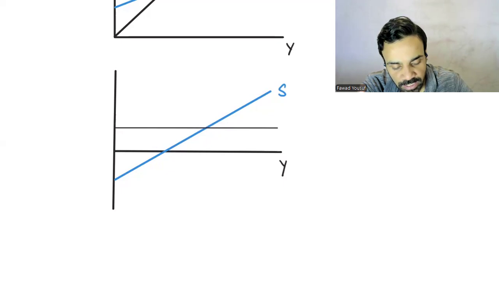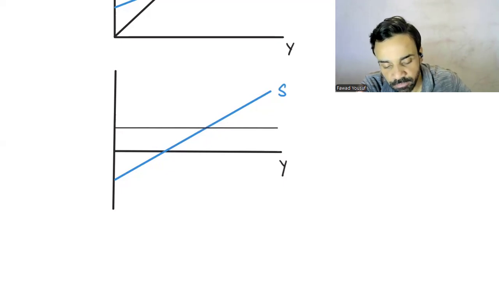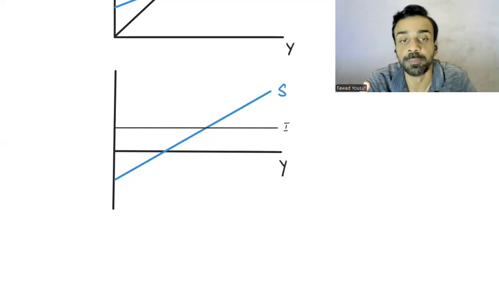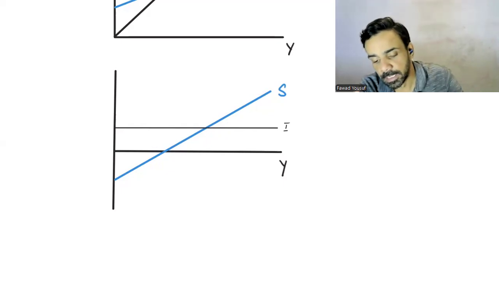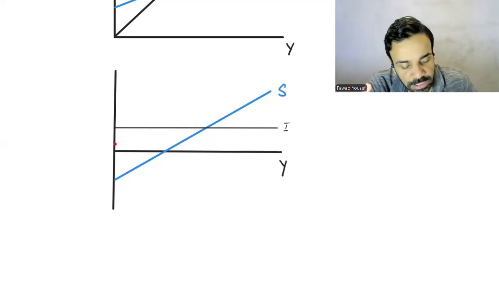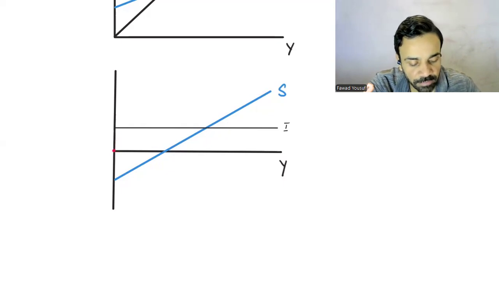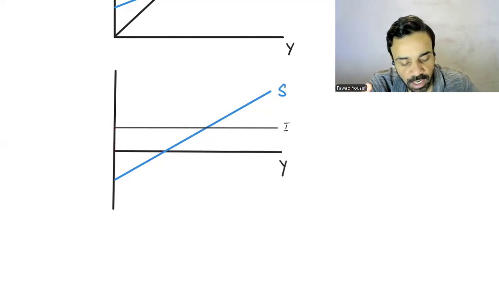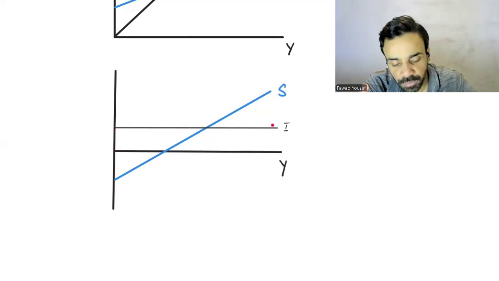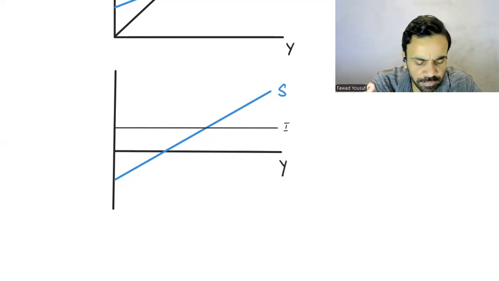Now, what is this line actually showing us about investments? Well, we're talking about business investments. A certain level of business investments hai. Even if income is zero, we are investing a certain amount. And even if the income is rising, our investment is of the same level. Income के साथ investment is not rising.